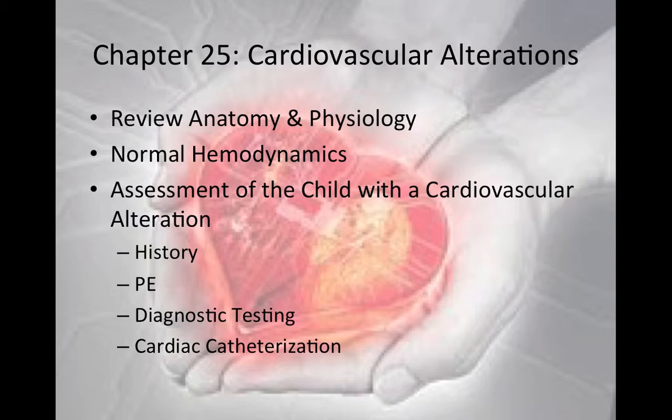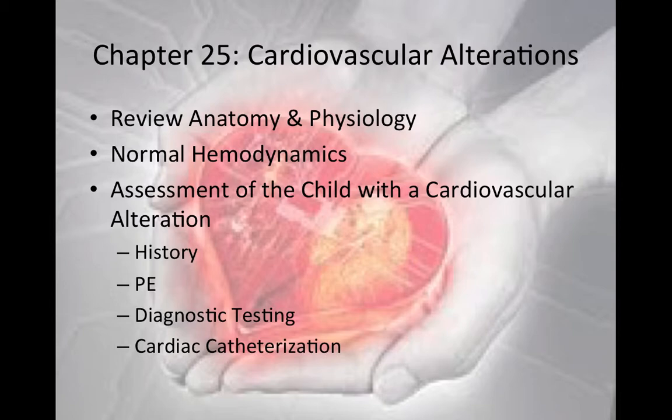You also want to look at the normal hemodynamics. And when we go over the assessment of the child with a cardiovascular alteration, the main important thing I want you to pay attention to is, of course, the history and the physical exam. Of course, you know that you will inspect and auscultate, paying close attention for murmurs.